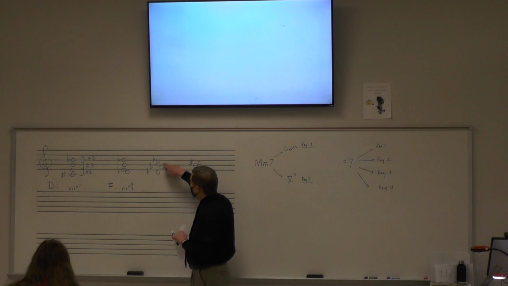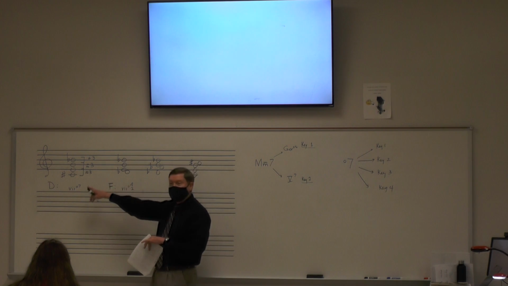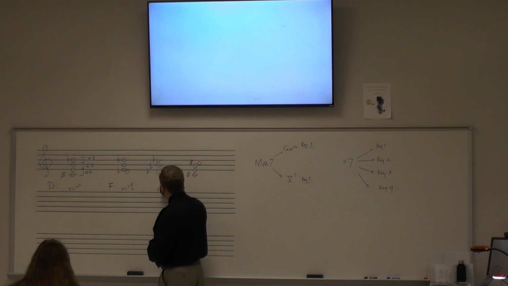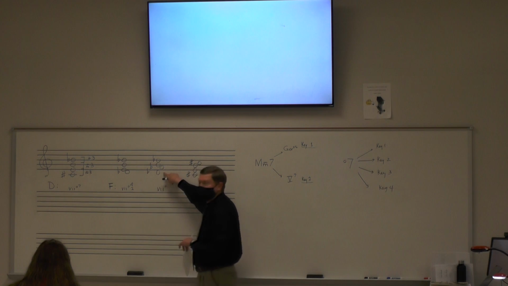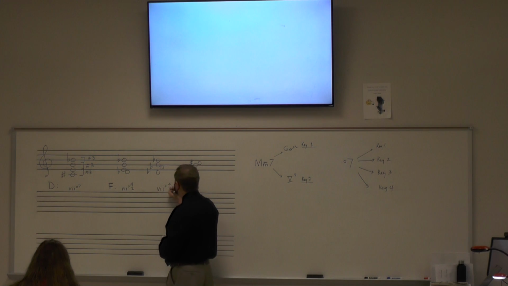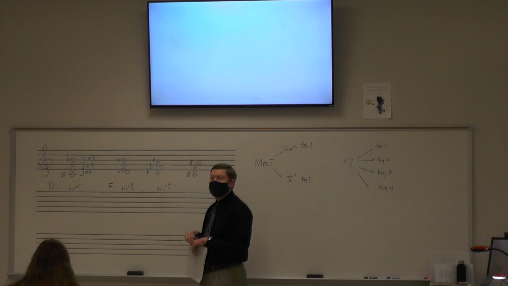So I have G, B flat, D flat, and F flat, and it sounds exactly like these others. As a vii diminished chord, what inversion is this seventh chord in? Second inversion. And if G is the root, in what key would this function as a vii°6/5?